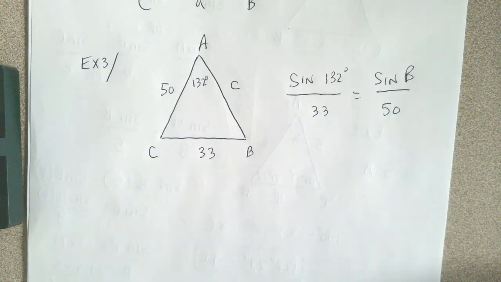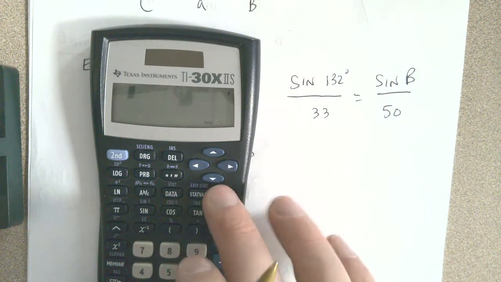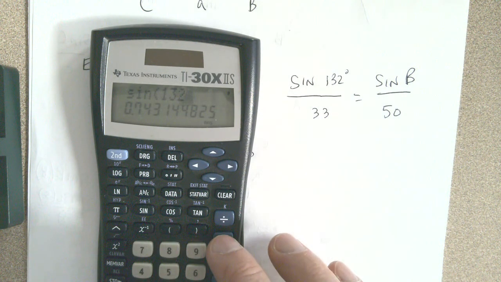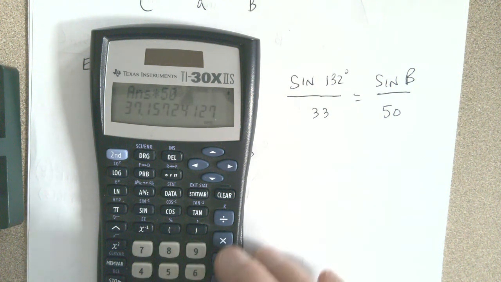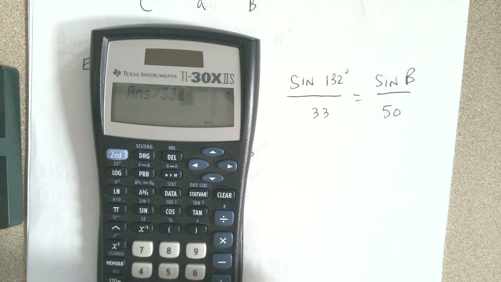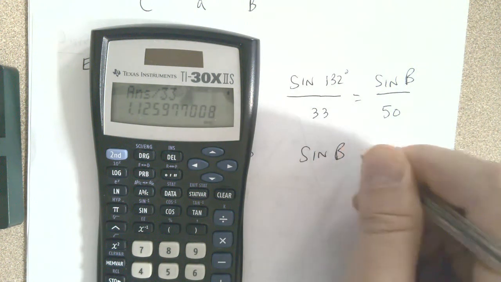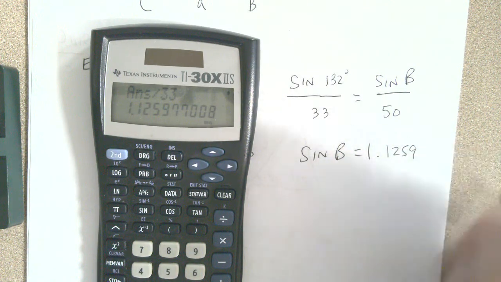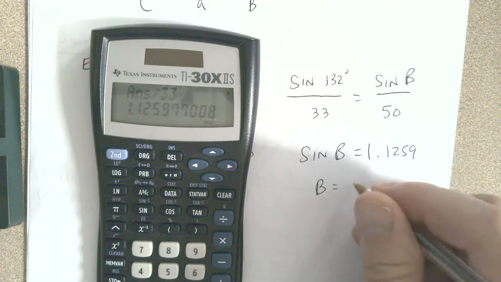Well, when we type this into our calculator, we do our sine of 132 times 50, and then we divide that by 33. So we've got the sine of B is equal to 1.1259.